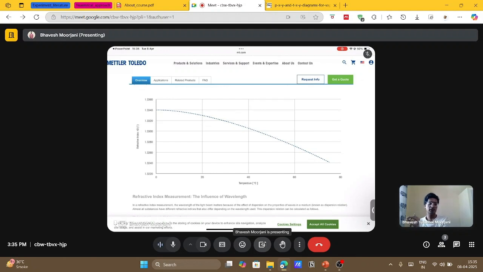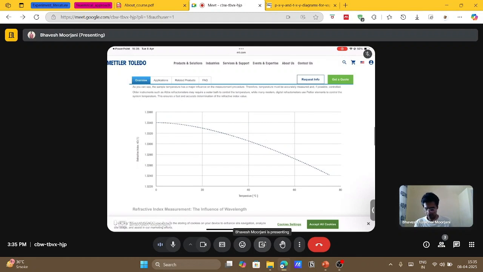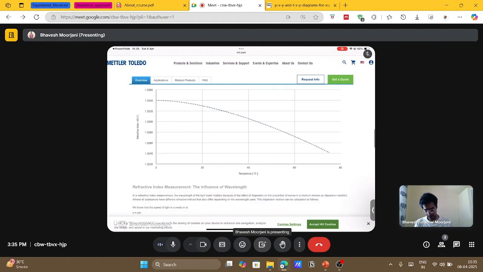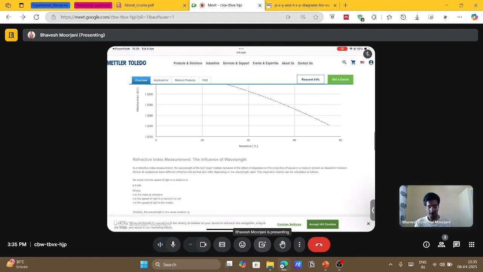Based on the composition, this will be the refractive index value. Now once we have this calibrated data ready, we can reverse calculate: if I have a refractive index of a sample as X amount, what will be its composition. As refractive index varies with temperature, we can have some correlation for that also.